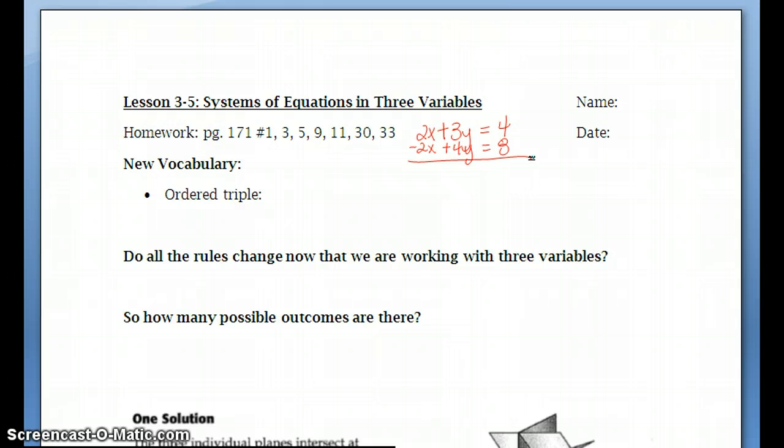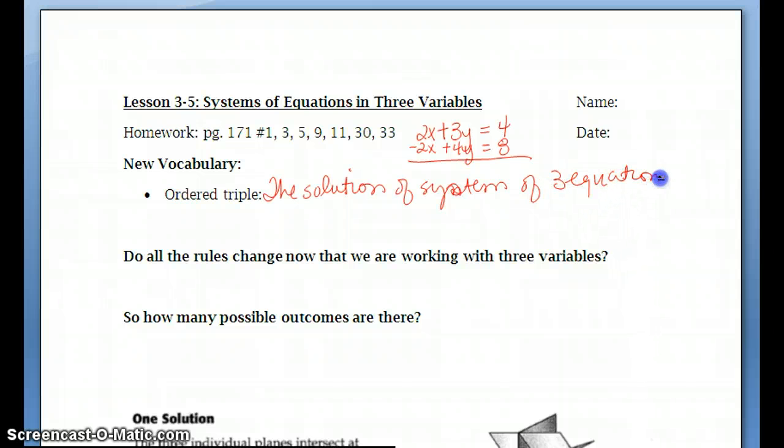An ordered pair is how we're going to answer what the solution is sometimes. For instance, the solution can be written in an ordered triple. And that is the solution of a system of three equations with three variables when they intersect at one point.